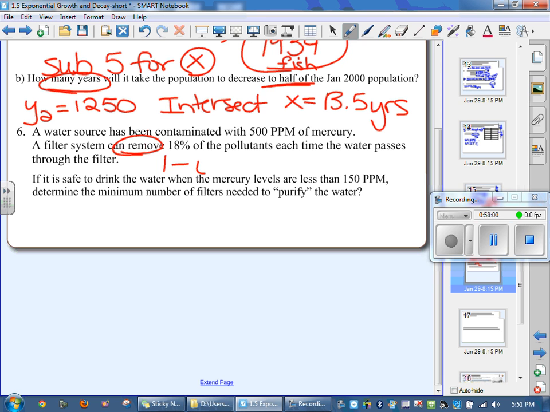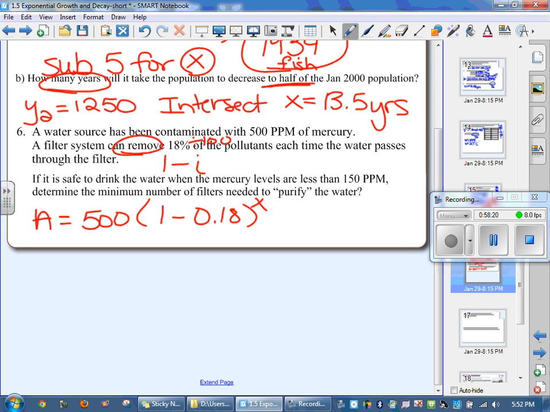exponent x. Now, it wants the levels to be less than 150. Well, that means that's your Y2. Here's Y1. You're going to put 150 into Y2 and solve for x, because you want the minimum number of filters. So that's x. You're solving for x here.